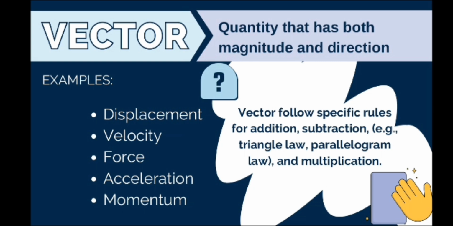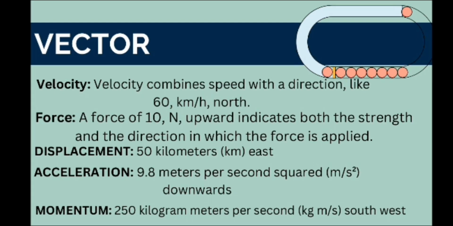Because vectors have both magnitude and directions, you can't simply add, subtract, or multiply them like regular numbers. That's why vectors follow the rules of triangle law, parallelogram law, and multiplication.